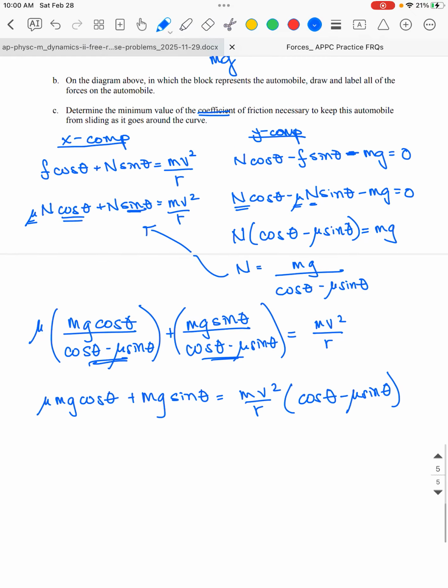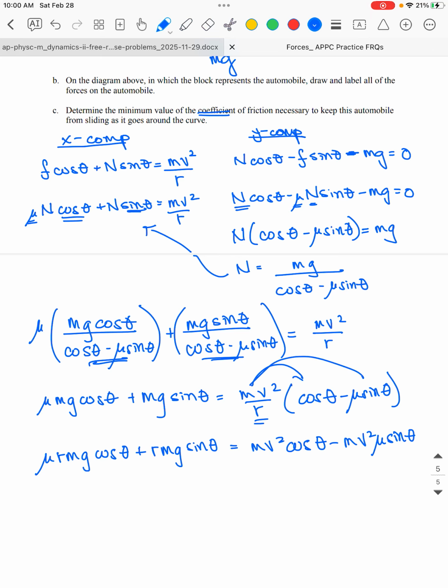And I'm going to do this because, again, I don't like fractions, but I'm going to multiply both sides by r to get rid of this denominator. So mu r mg cosine theta plus r mg sine theta is equal to mv squared cosine theta minus mv squared mu sine theta. So I distributed the mv squared and I multiplied everything by r.